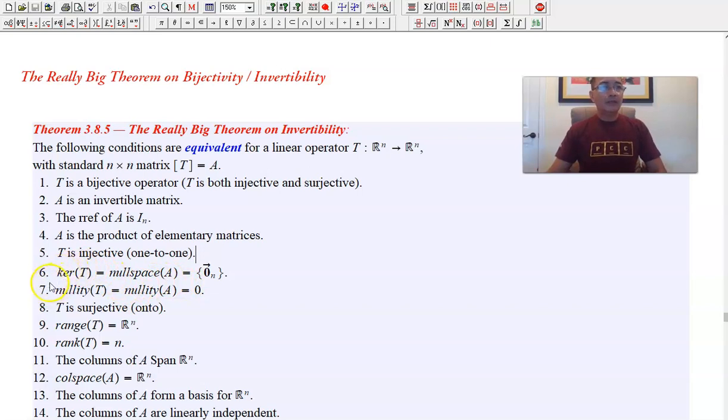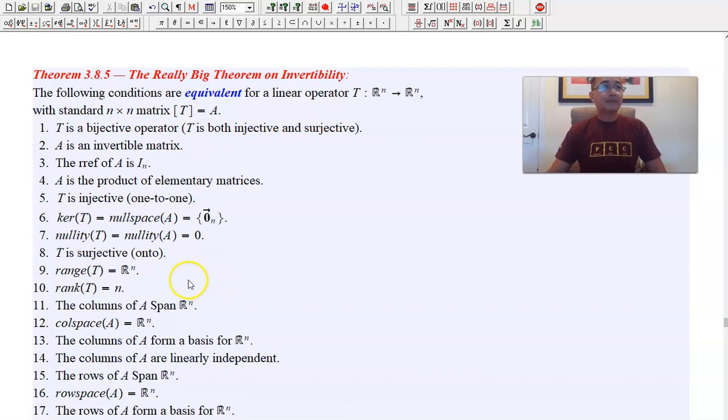So, of course, this next condition is equivalent to the null space being only the 0 vector, because the only subspace of Rn that has dimension 0 is the 0 subspace. And of course, nullity means the dimension of the null space.